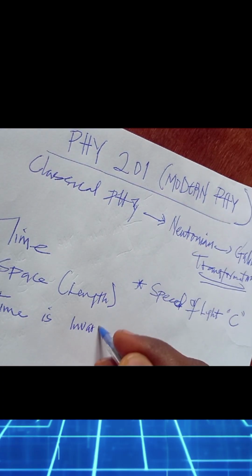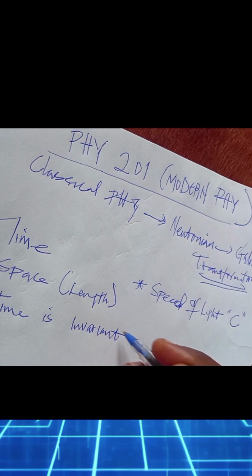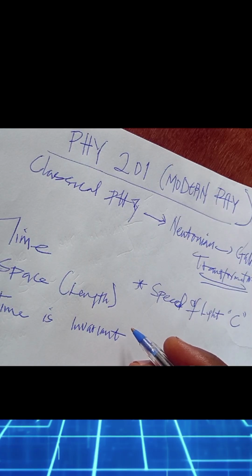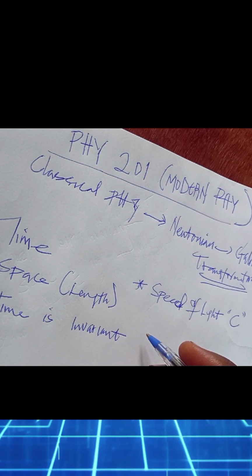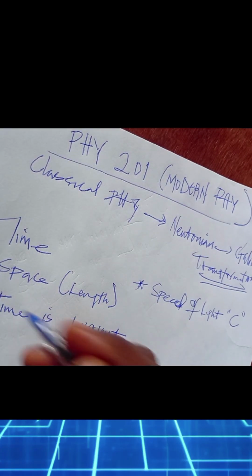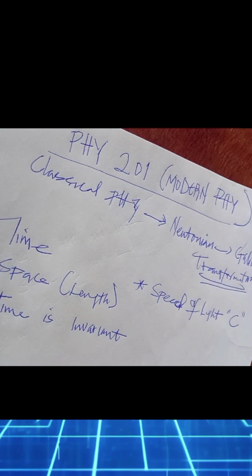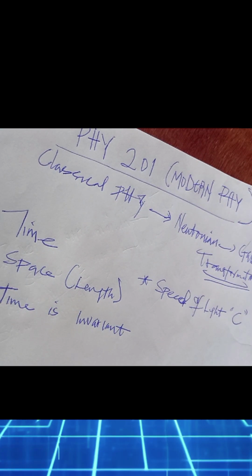invariant. Galilei said that time is invariant. When I say that time is invariant, what do I mean? Time is invariant means time does not change. Time remains unchanged; time remains absolute.